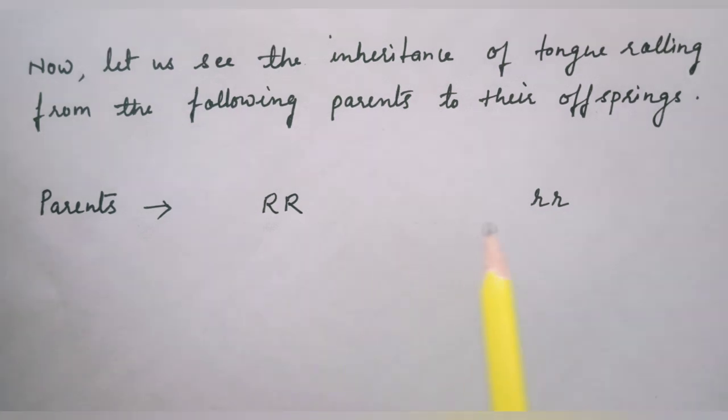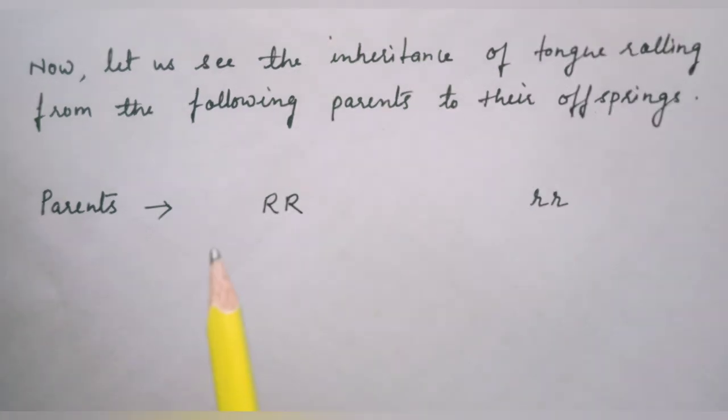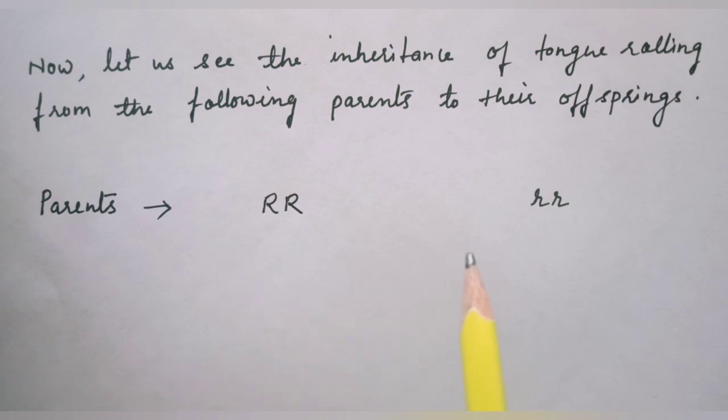From these letters, we cannot tell which one of the parents is the mother or the father, because we are not using the letters X and Y. But definitely we can say that one of the parents is having both the dominant genes for tongue rolling and the other parent is having both the recessive genes for tongue rolling. So this parent is homozygous dominant and the other parent is homozygous recessive.